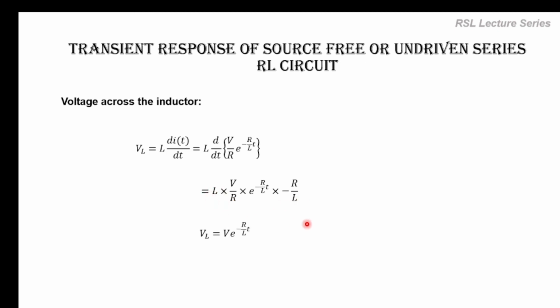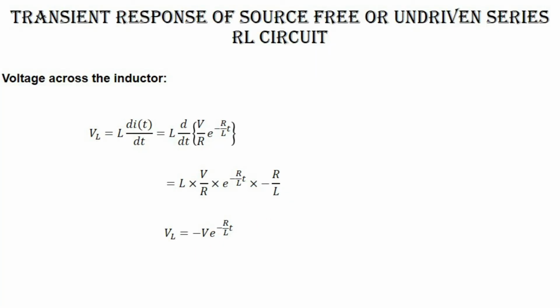The remaining terms are V into e power minus R by L into t, and we have a minus sign here. So VL is equal to minus V e power minus R by L into t.